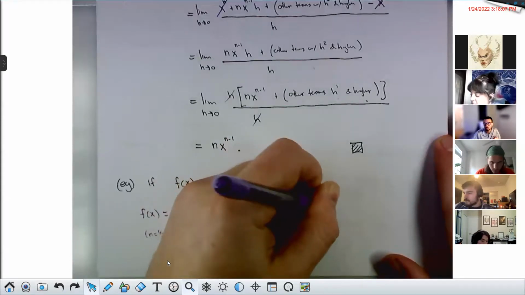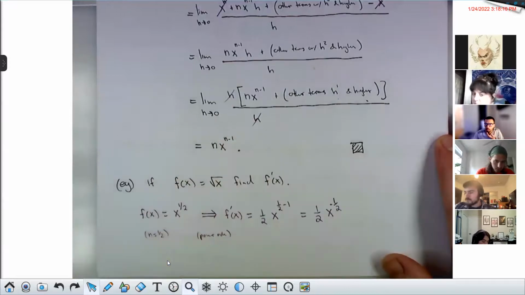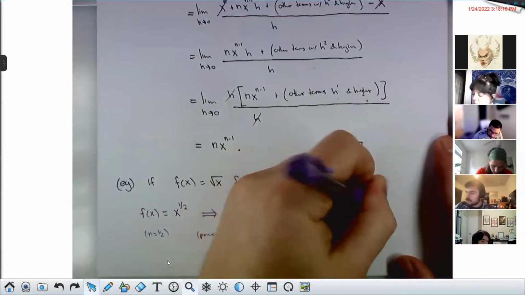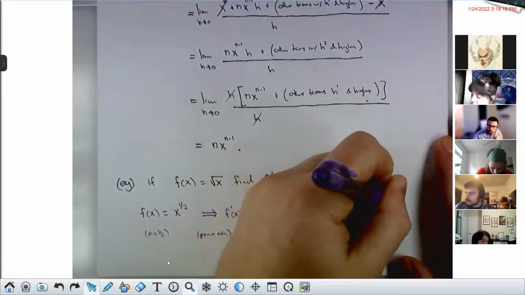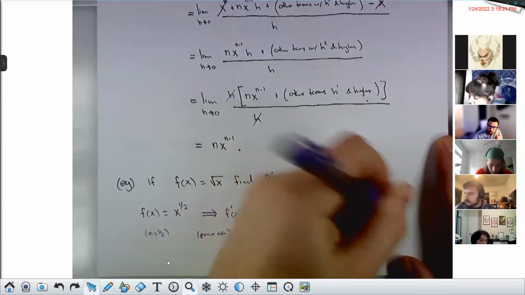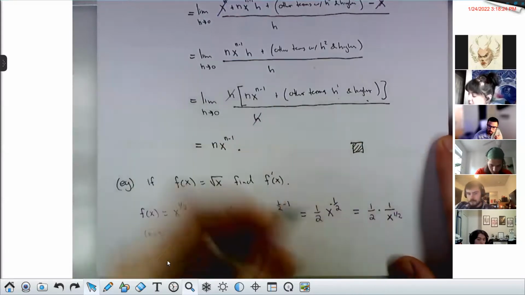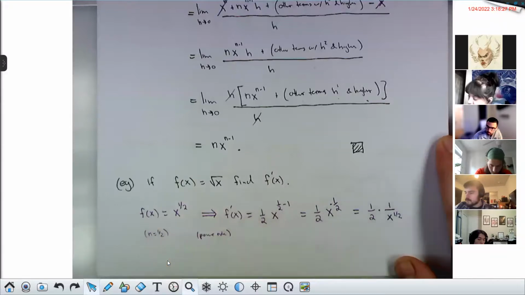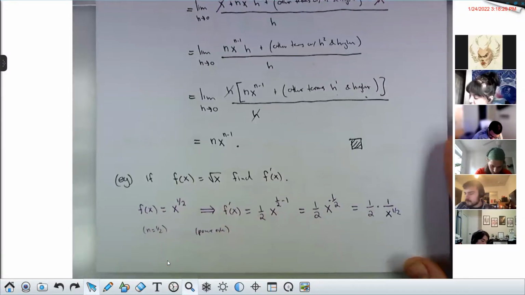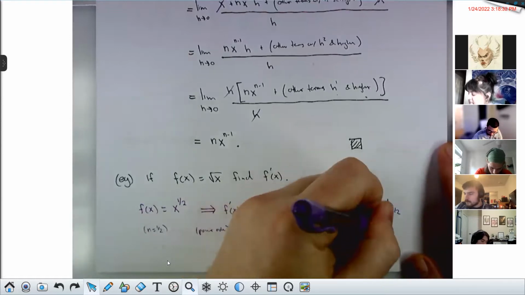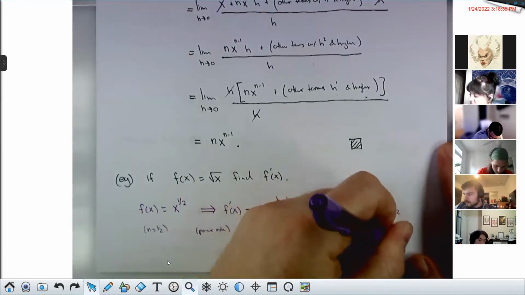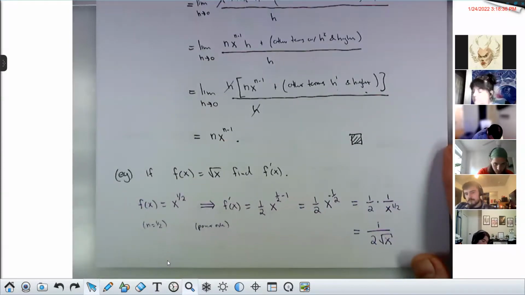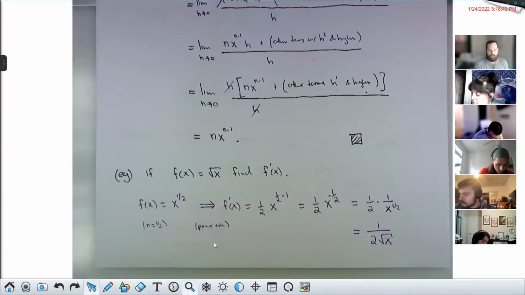So I get 1/2 times x to the negative 1/2, which is 1/2 times 1 over x to the 1/2. Right, x to the negative 1/2 here is 1 over x to the positive 1/2. And if you take that and write it as the square root, you get this, which is what we saw earlier today, just using the limit definition. Isn't this nicer? Oh my God, it's so much faster.